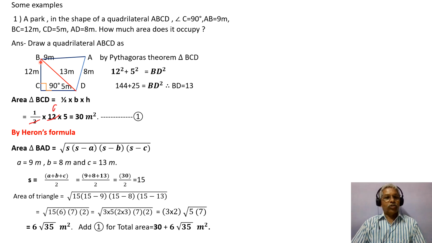Okay, so you can apply Heron's formula even for this. Okay, now we are applying Heron's formula for this triangle. Okay, so area of triangle equals root of S into S minus A into S minus B into S minus C, where A is 9 meters, B is 8 meters, and C is 13 meters.